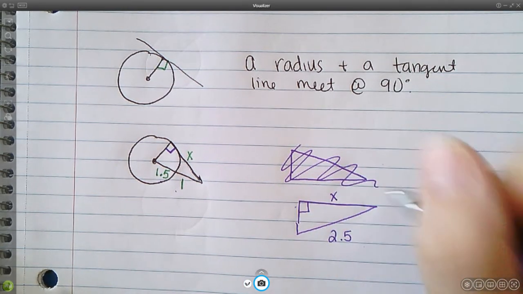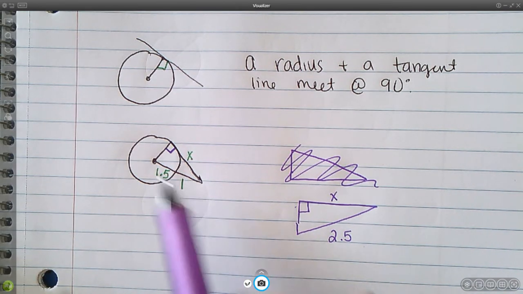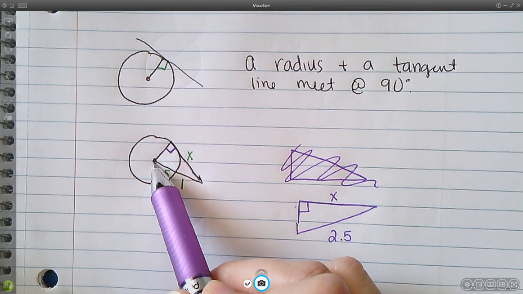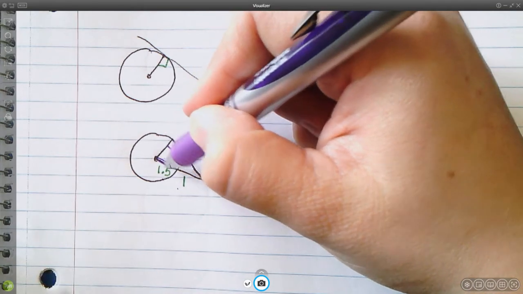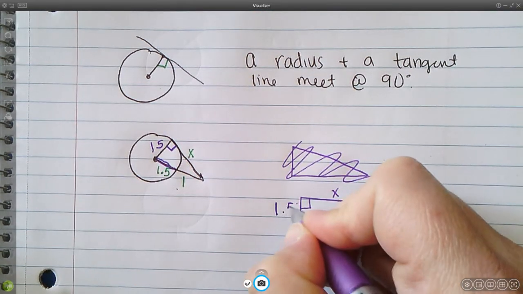This length is x. How do we figure out what this length is? If you go back to our picture, this length we said was a radius. This length right here is also a radius. So if this is 1.5, this is 1.5.